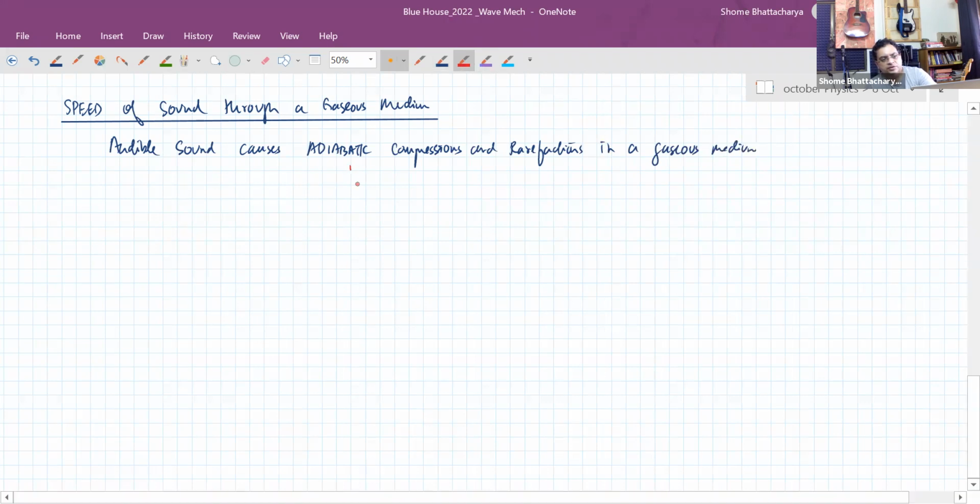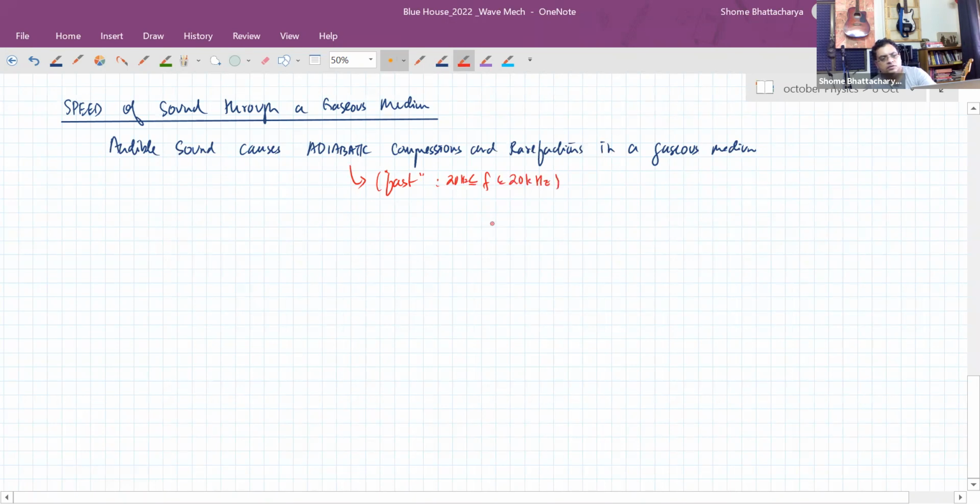Adiabatic because they are very fast, because the frequency of audible sound is in the region of 20 hertz to 20,000 hertz.